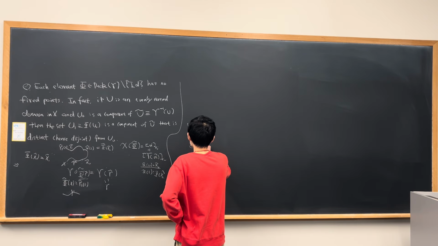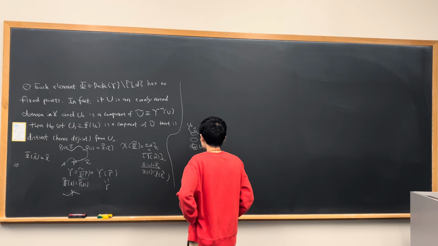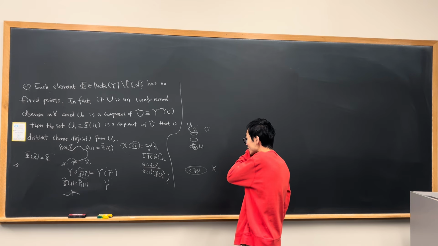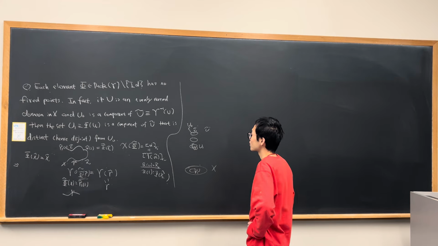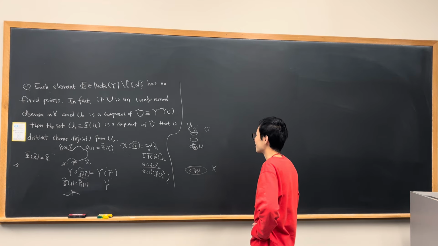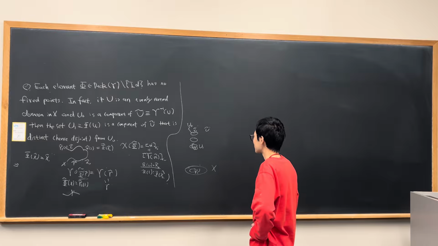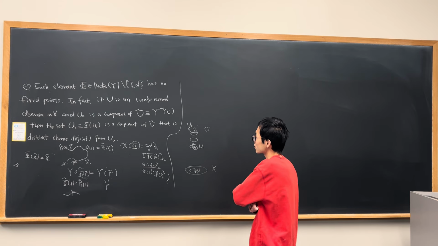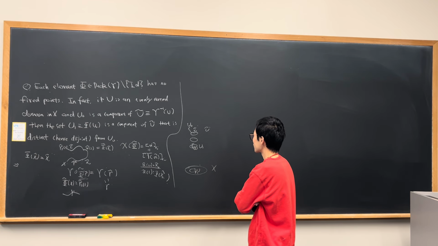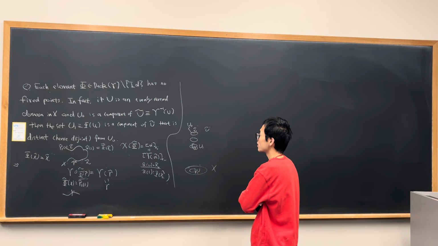Let's suppose this is the set U1, which contains the image phi of x naught tilde, which is this point. Namely, we want to show that U1 and U0 can be identified by phi of U0 equal to U1.